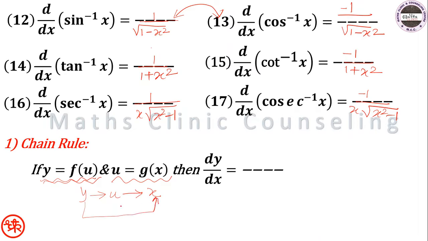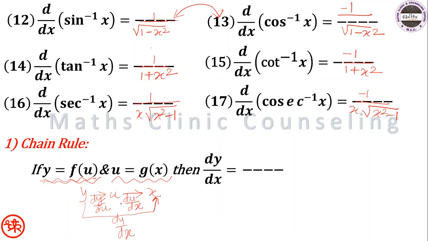So let us see here. Y is a function of x, so we can write dy by dx. Y is a function of u, so we write dy by du when we differentiate y with respect to u. U is a function of x, so when we differentiate u with respect to x, it is du by dx.